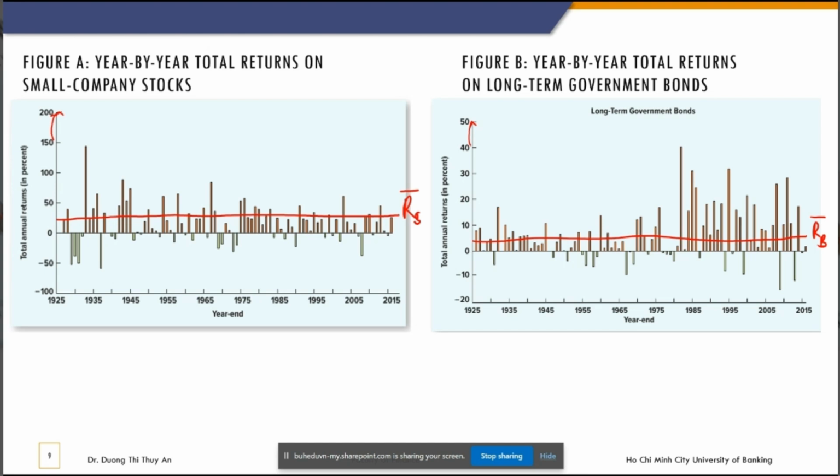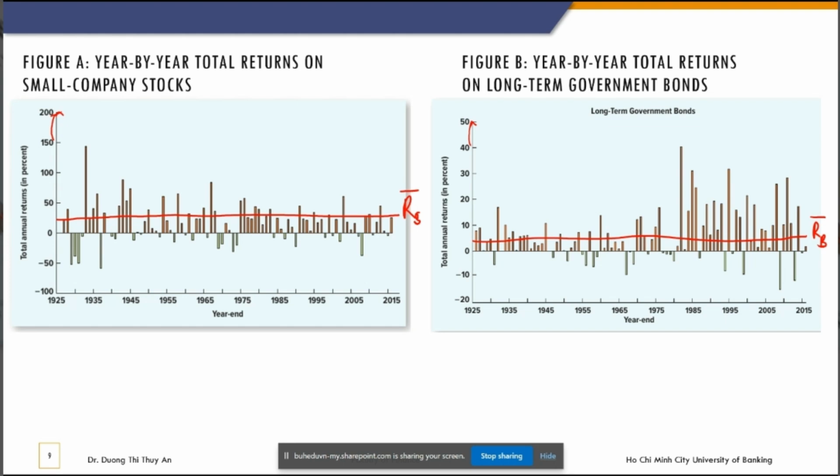I want to measure how much the return deviates from the average value. If the return of the stock deviates a lot from this average value, then that stock is more volatile than the other stock.